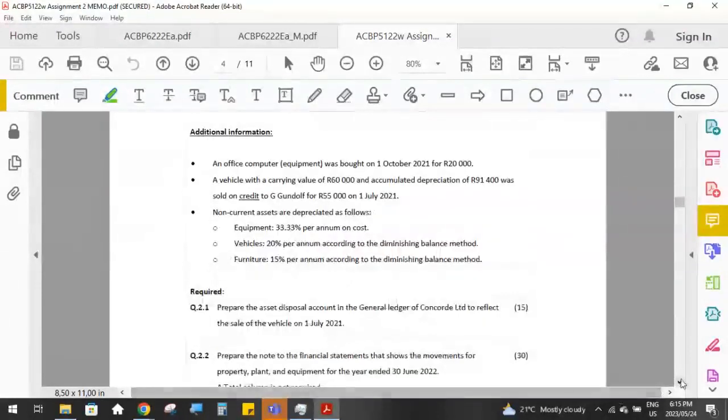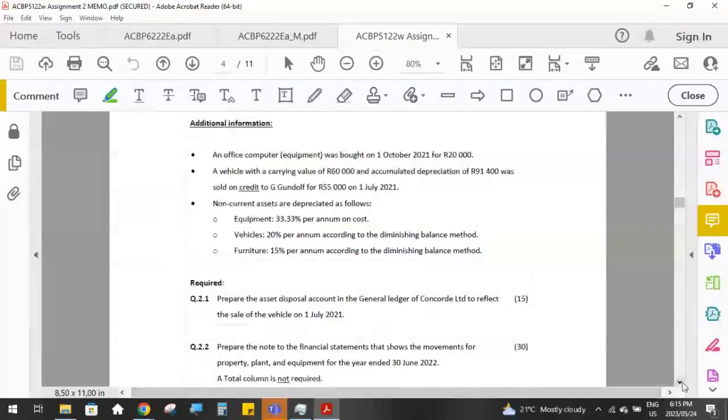Then we've got some additional information. As regards equipment, an office computer was purchased on the 1st of October 21. So remember, the figures that they have given us were as at the 30th of June 2021.